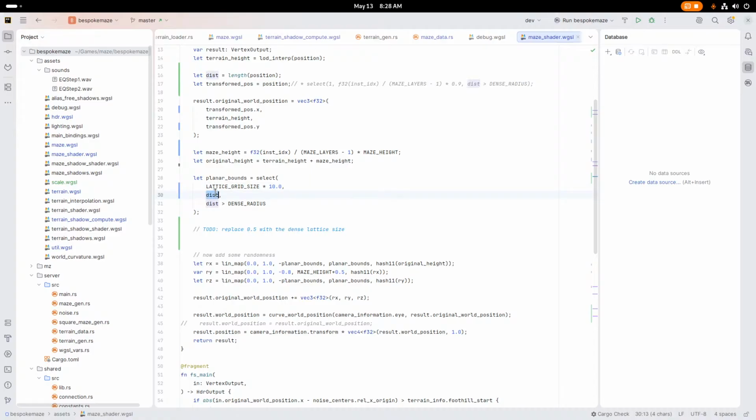Okay, so the dist... Yeah, but this is not telling me what I want, because what this should really represent is the distance between vertices, right? I want to be screwing around with that. So how do I know the distance between vertices?